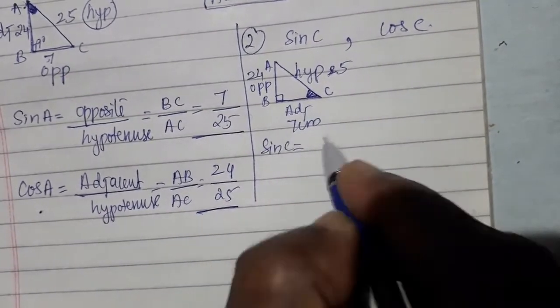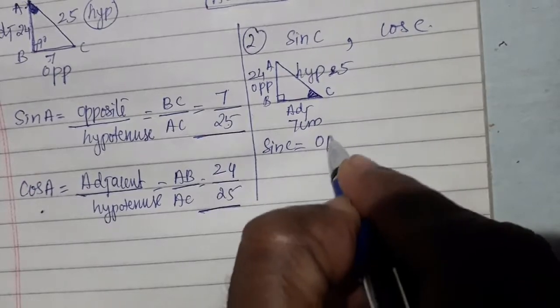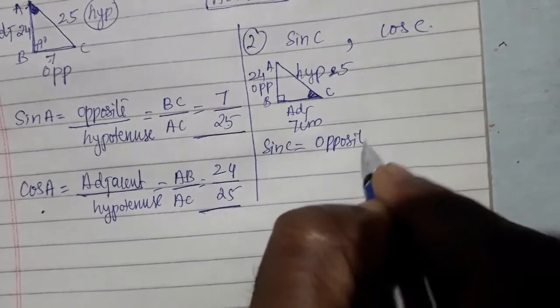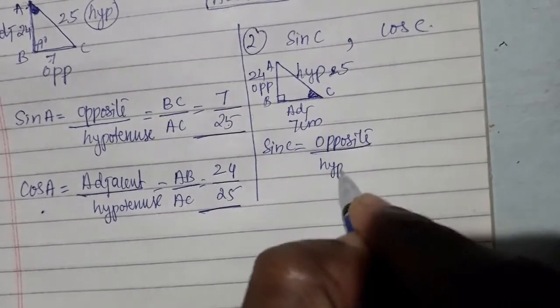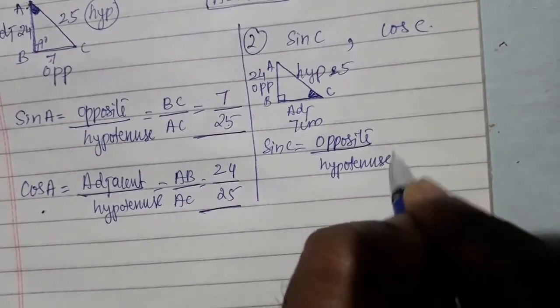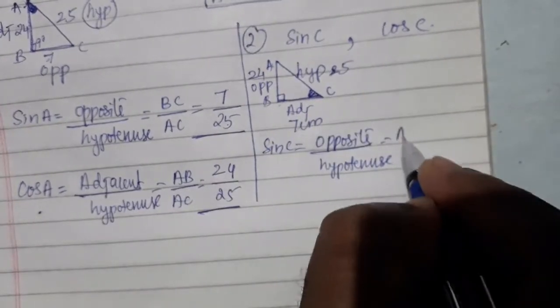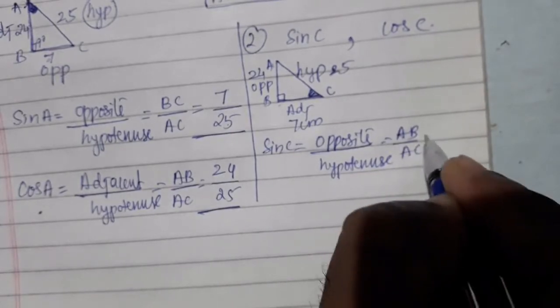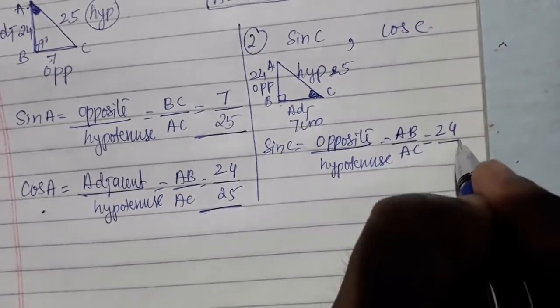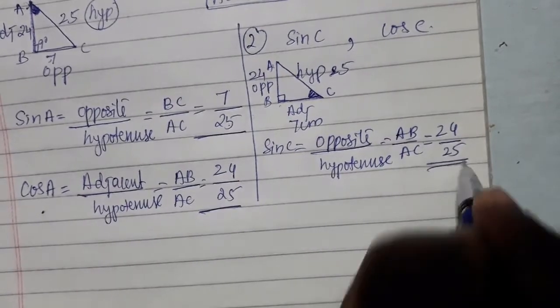Now first sin C. We know that sin C means opposite side by hypotenuse. The opposite side is AB, hypotenuse AC. So 24 by 25.